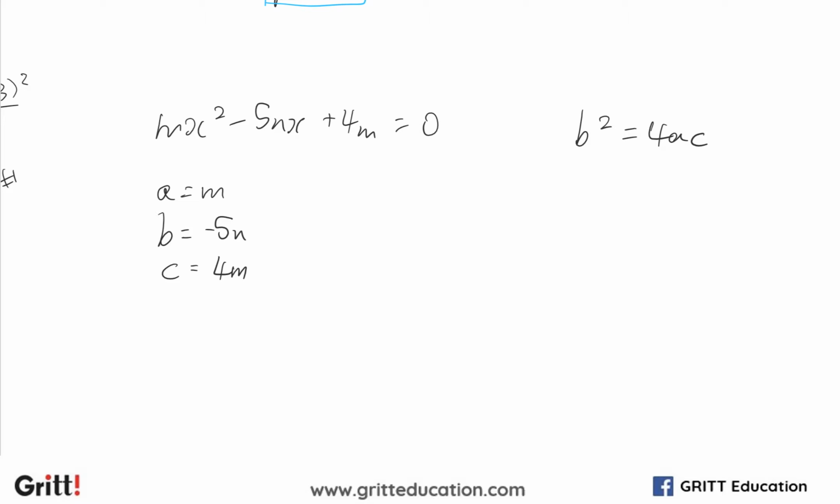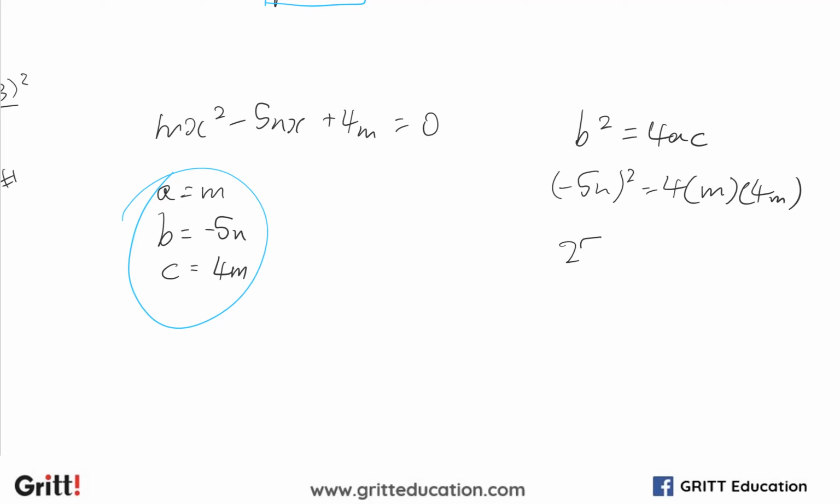From here, all you have to do is plug in all the necessary values. So b, it will be negative 5n squared equals 4 times m times 4m. So what do we get? We get 25n squared equals 16m squared.